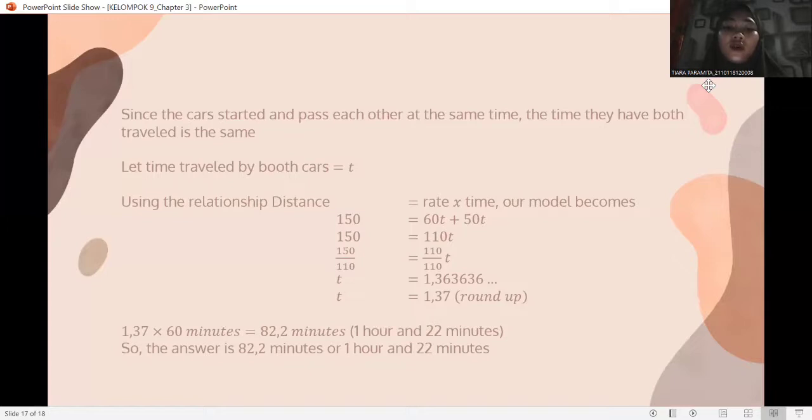So t equals 1.36, rounded up equals 1.37. 1.37 times 60 minutes equals 82.2 minutes, or 1 hour and 22 minutes.